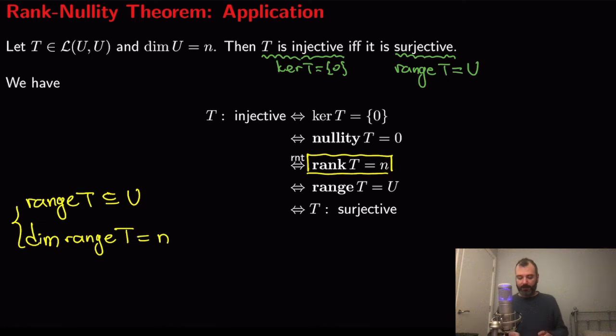It's like the range of T is a three-dimensional space inside the three-dimensional space. Yes, but there is only one such space, the space U itself. So the range of T is equal to U. It is the same thing by definition as saying that T is surjective, and this is the end of the proof. So this puts together a little bit of everything we've covered so far.